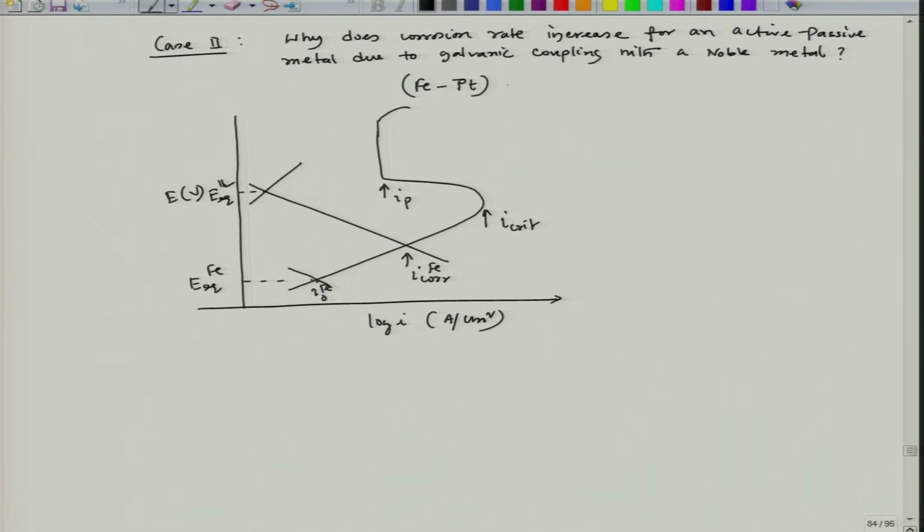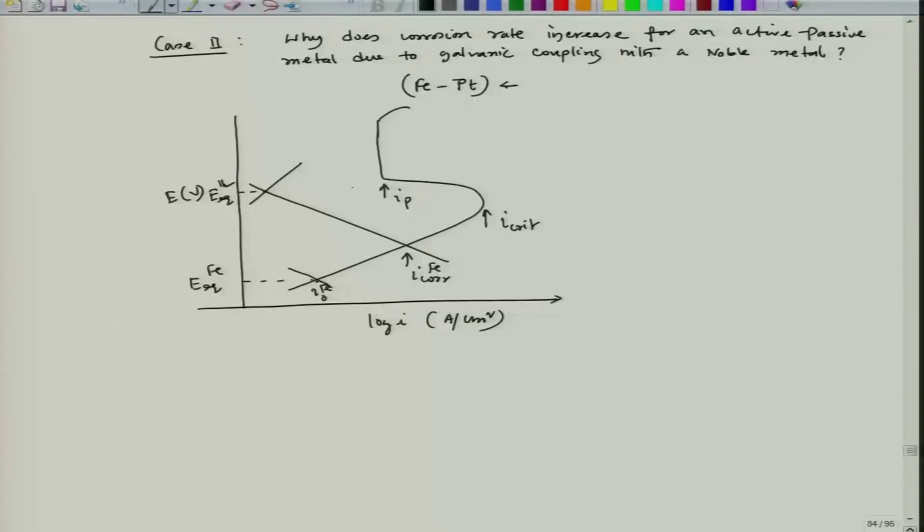Now, once this particular alloy is exposed to acid, this de-alloying effect starts taking place and redeposition of platinum takes place, so that you have platinum enriched zones on top of the iron surface.